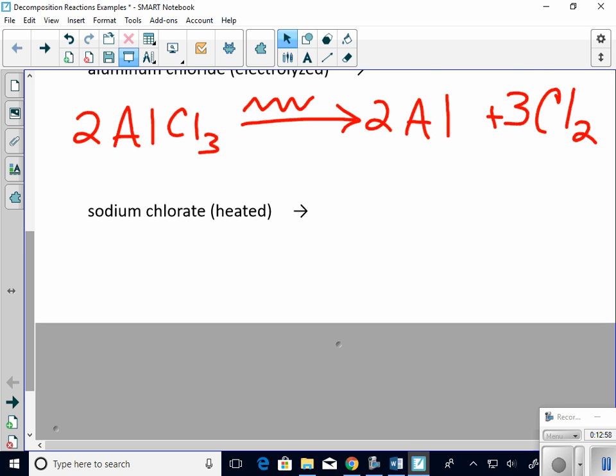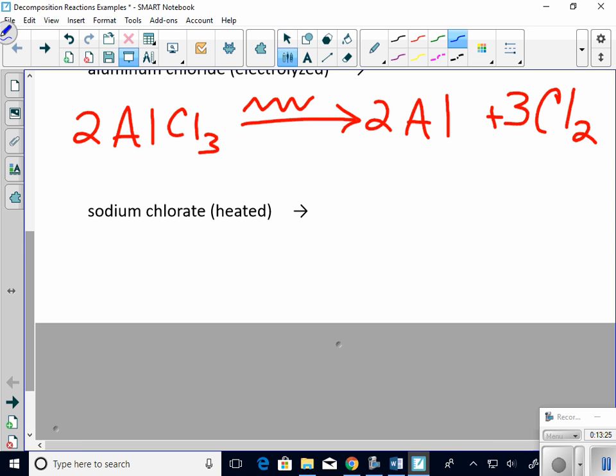Sodium chlorate heated. Which one is this? Caitlin? No, this one is number 3. It is number 3. A metallic chlorate heated will yield what? A metal chloride and oxygen.